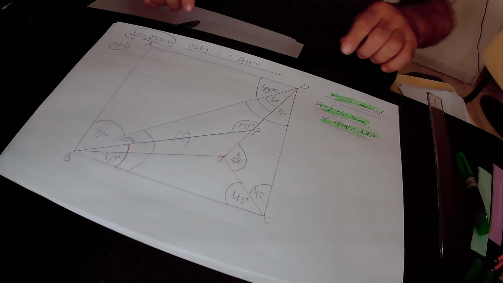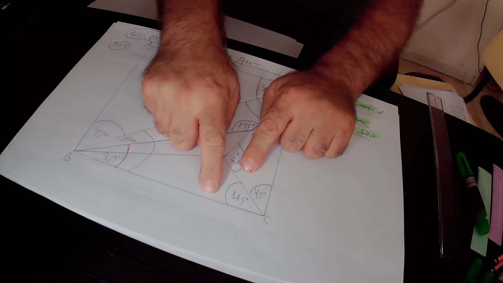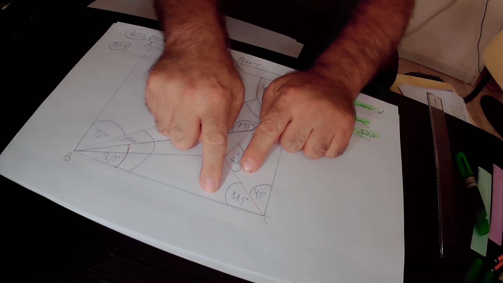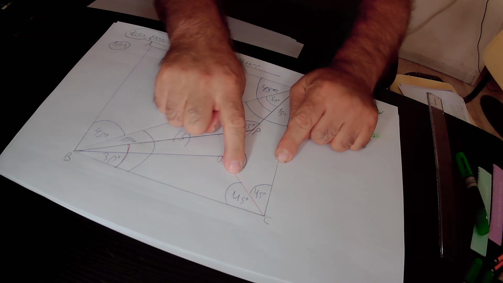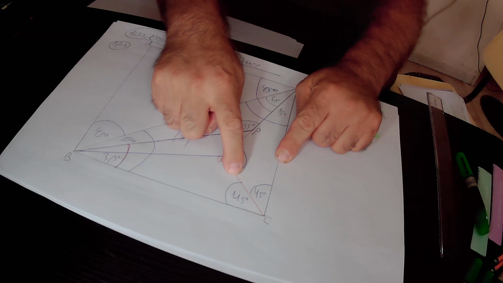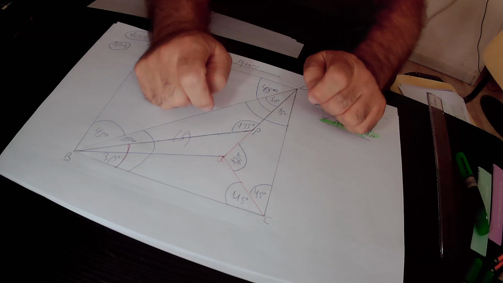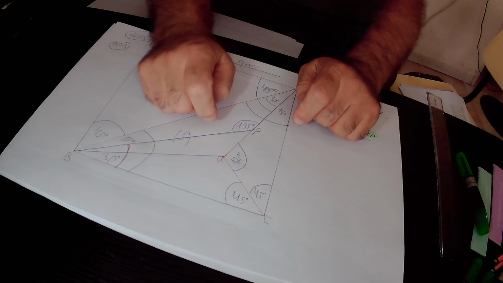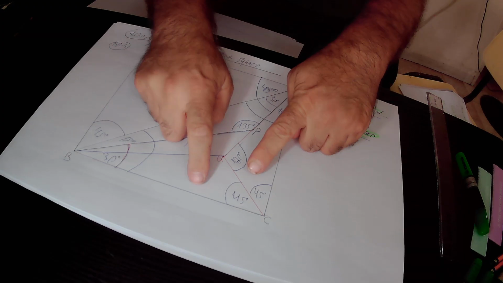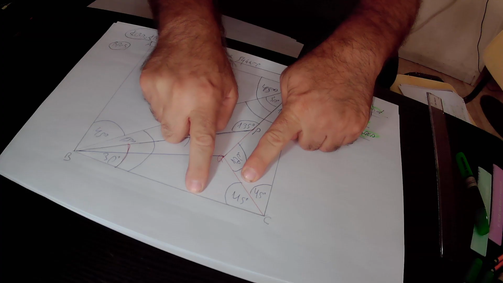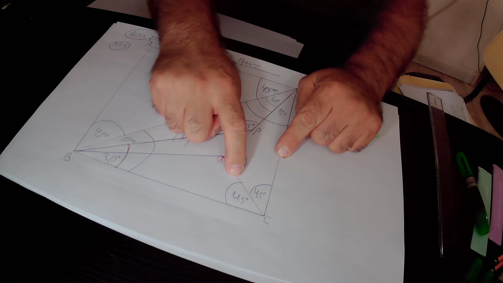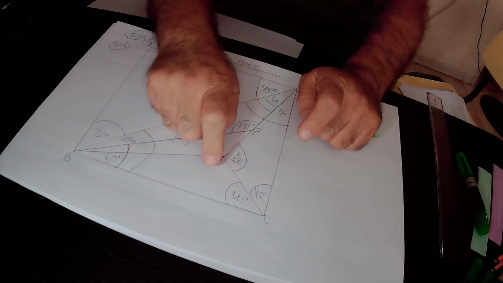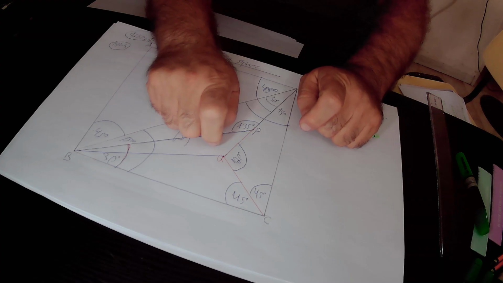So we have proved that those two sides and the angle that is included between those two sides in this triangle QBC are equal to those two sides and the angle that is included between those two sides in this triangle DQC. And therefore those two triangles can go into each other according to the side angle side rule.